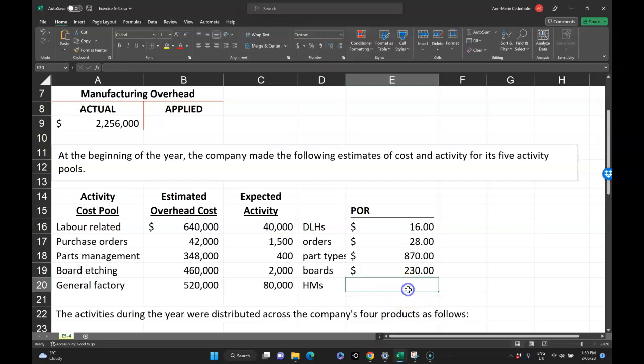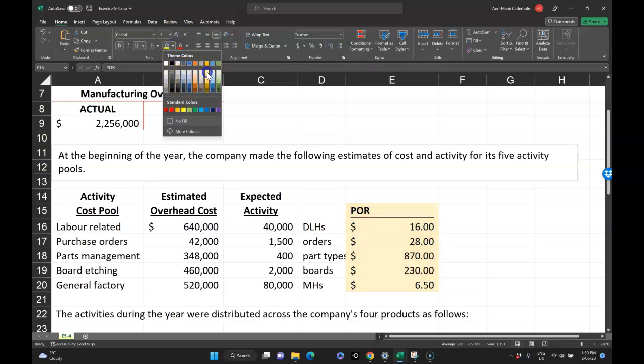And then general factory is 520,000, and we're going to divide that by 80,000, and I'm assuming HMs might be machine hours. So that would give me $650 per machine hour. So I'm just going to change that. So these predetermined overhead rates are calculated at the beginning of the year. So I'll just put in yellow what I've calculated.